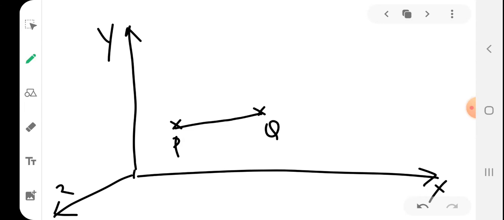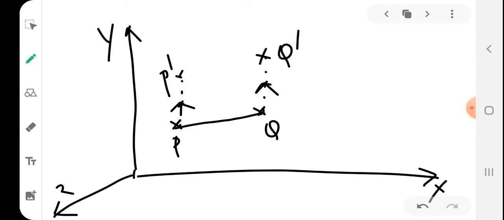So when the body undergoes deformation, the points P and Q move to some new positions P dash and Q dash. Okay. So this is the displacement of P. This is the displacement of Q. P is displaced to P dash, Q is displaced to Q dash.